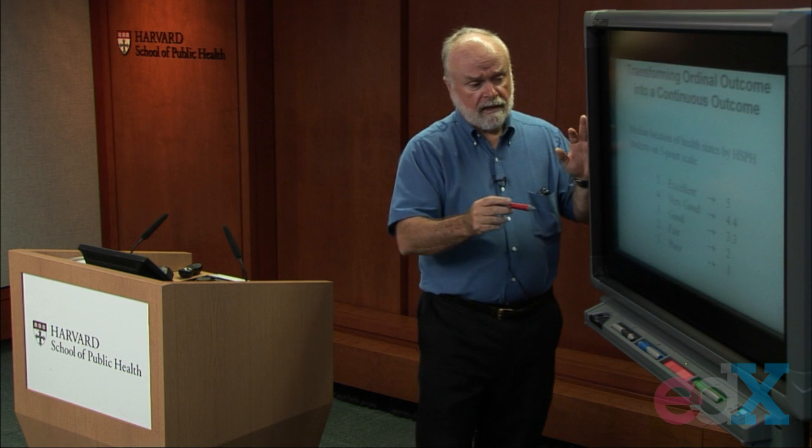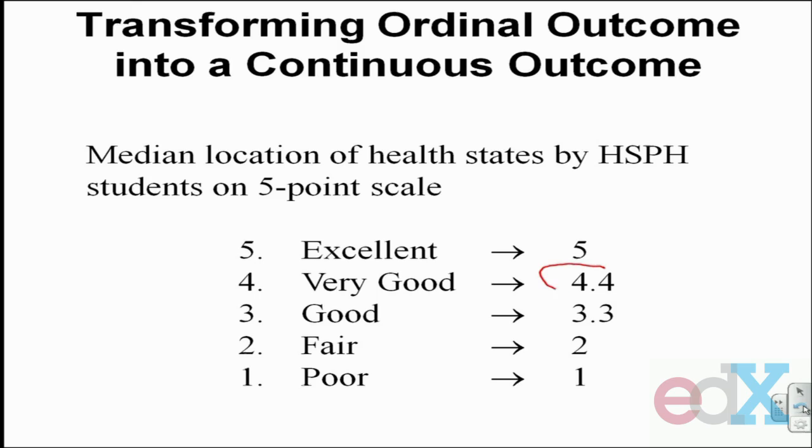So they reported that very good health would be represented by an X whose location on a 5-point scale, say the line was 5 centimeters long or something like that, not at the centimeter point corresponding to 4 centimeters, but 4.4. In people's minds, very good health was close to the state of health represented by excellent health.